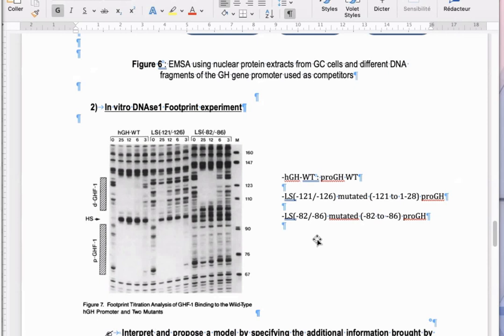Because in that example, which is very nice, you see that there is a binding which is necessary to be established first in order to have the second interaction that can be developed. And it's the way this promoter is working. Is it fine? Yes. It's okay? Okay, perfect.